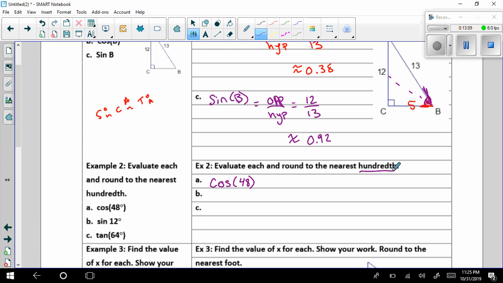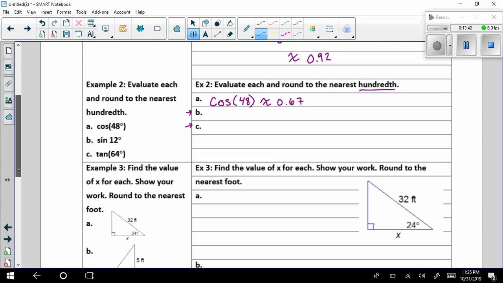Most college professors will actually have you go out at least 4 decimal places, just for the most accuracy that you can get. So if I type cosine 48 into my calculator, then I get approximately 0.6. It says 669, so that rounds up to 0.67. So make sure you round correctly. Go ahead and try these two on your own, because it is just practicing typing those into the calculator.